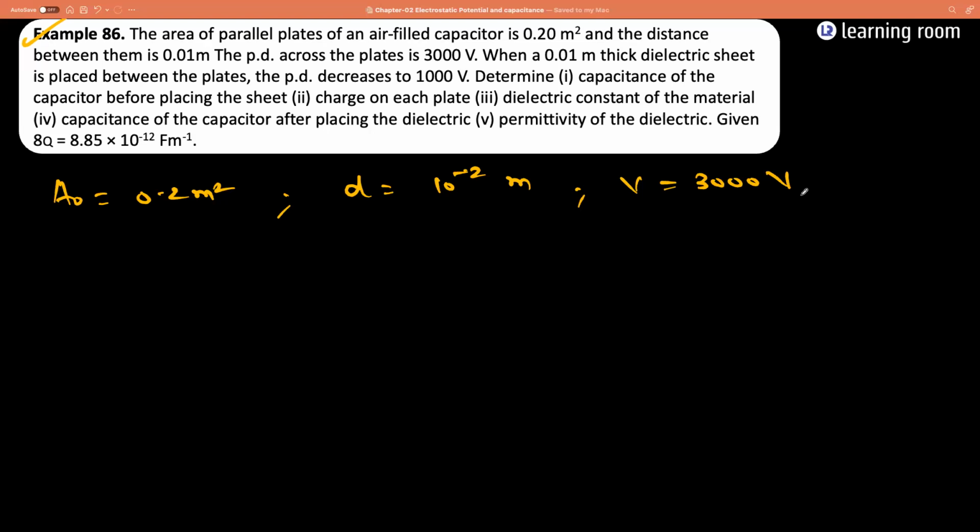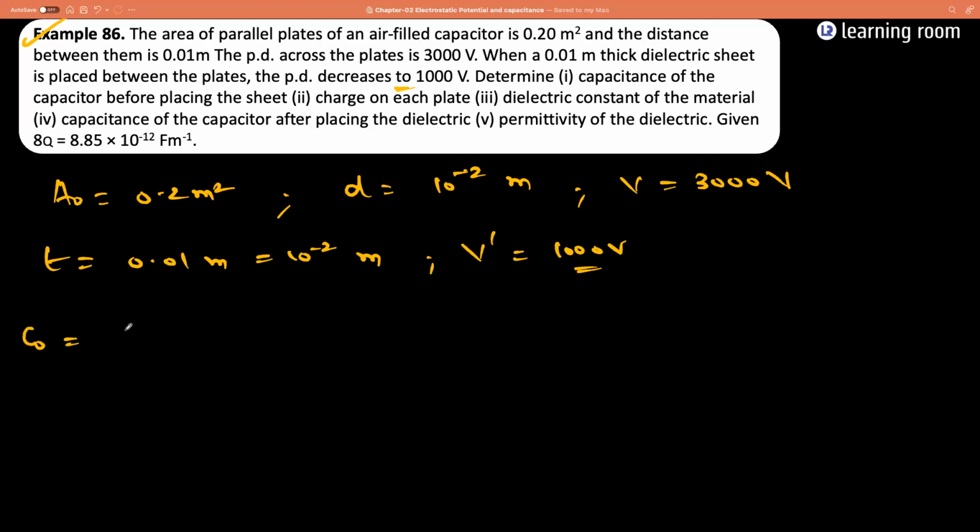When 0.01 meter thick dielectric sheet is placed between the plates, the potential difference decreases to 1000. So t is equal to 0.01 meter or 10 power minus 2 meter. Determine the capacitance of the capacitor before placing the sheet.